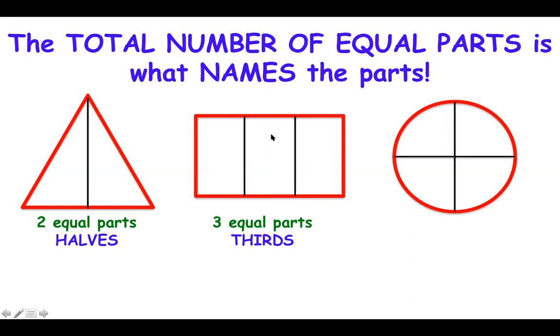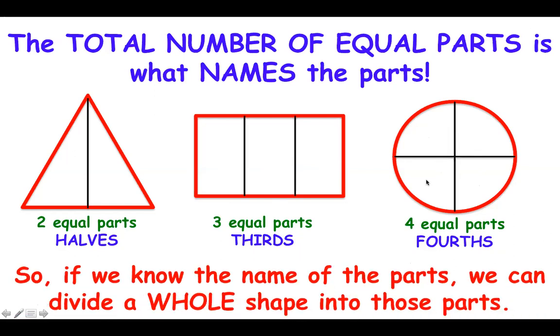This is a third, this is another third, and this is a third. If a shape like this circle is divided into 1, 2, 3, 4 equal parts, then it's called fourths. This is 1/4, this is a fourth, this is a fourth, and this is a fourth.